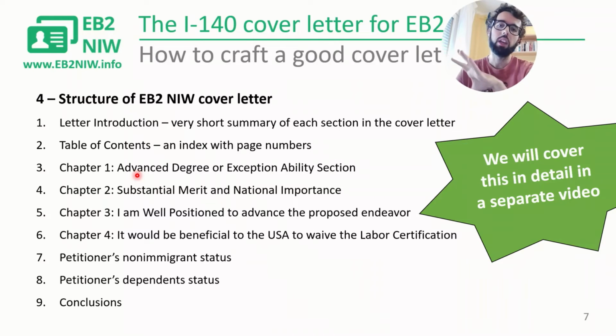So I would say, I'm a holder of a PhD, and then I reference the exhibit where the copy of my diploma is. If you have a foreign diploma, then on top of that you will have a reference to the exhibit where the equivalence evaluation is done, showing what US degree is equivalent to yours. So that's kind of the philosophy here.